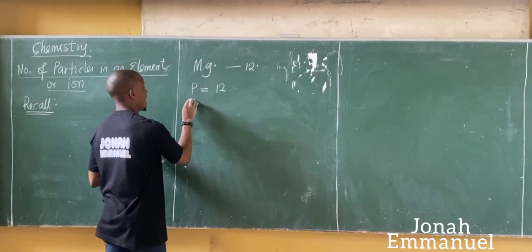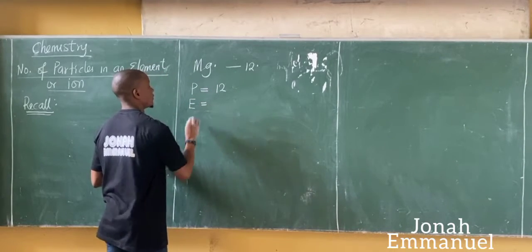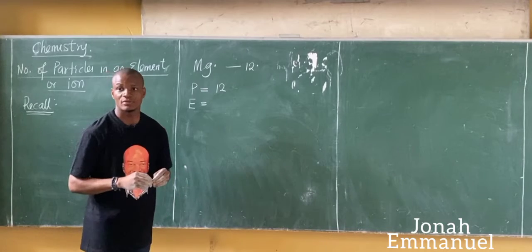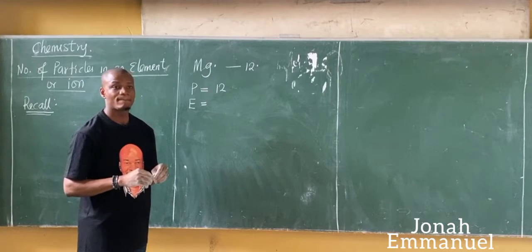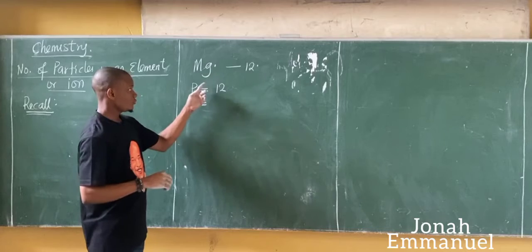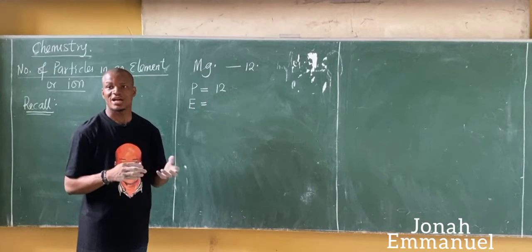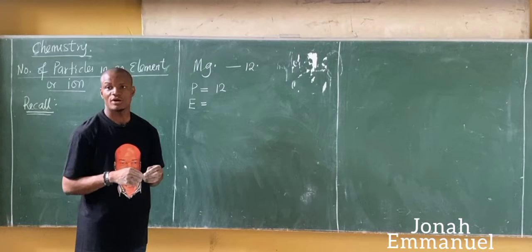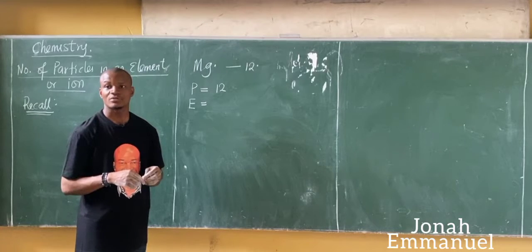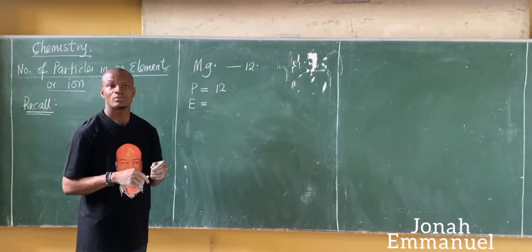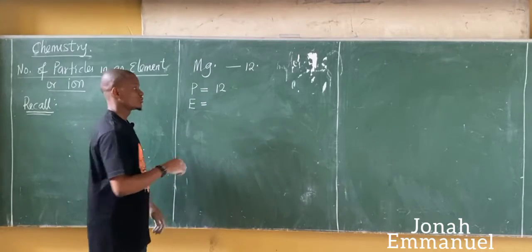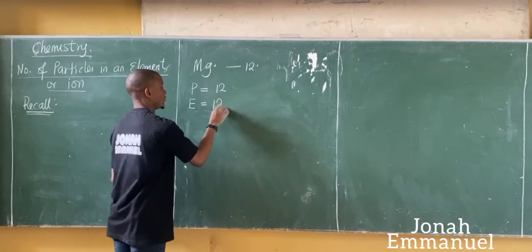For this one here, how many electrons? What you have here, is it neutral or is it charged? It's neutral. For a neutral atom, I have an equal number of protons and electrons. So how many electrons here? 12.